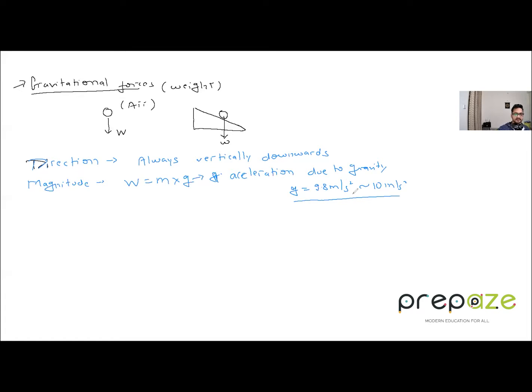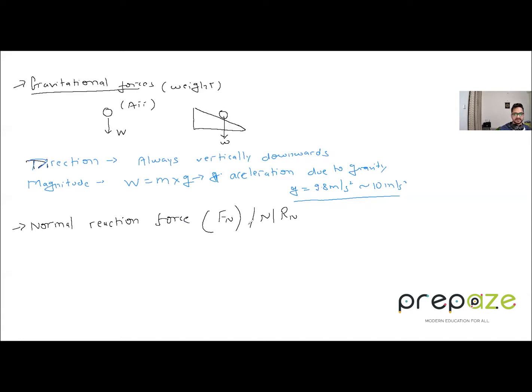The next type of force which comes in this contact force category is the normal reaction force. This is also quite important when we are dealing with the forces chapter. We represent it by Fn, sometimes just N, or Rn.